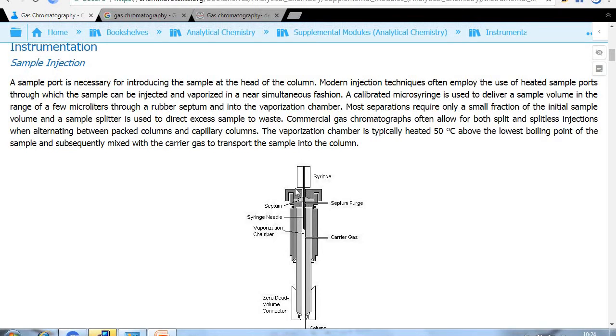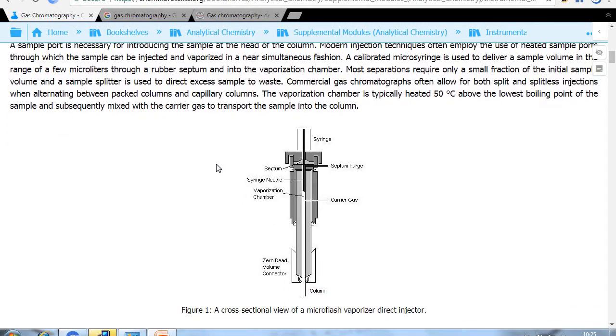Then you have a calibrated micro syringe for delivering the sample, and its handling volume is in the range of microliters. Any excess sample can be directly transmitted to waste through the sample splitter. These are all the important parts of the sample injector.